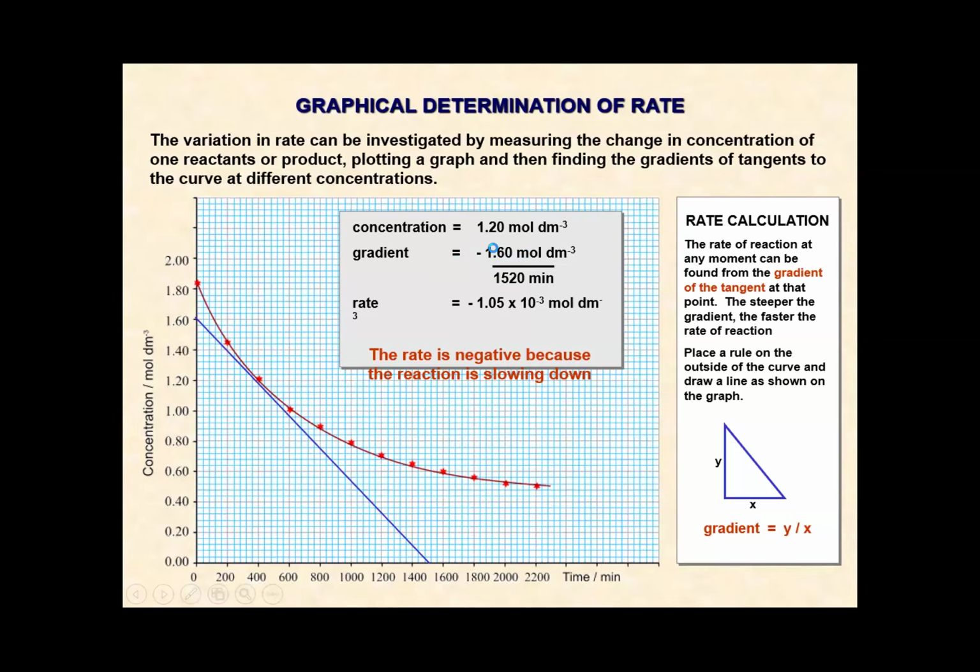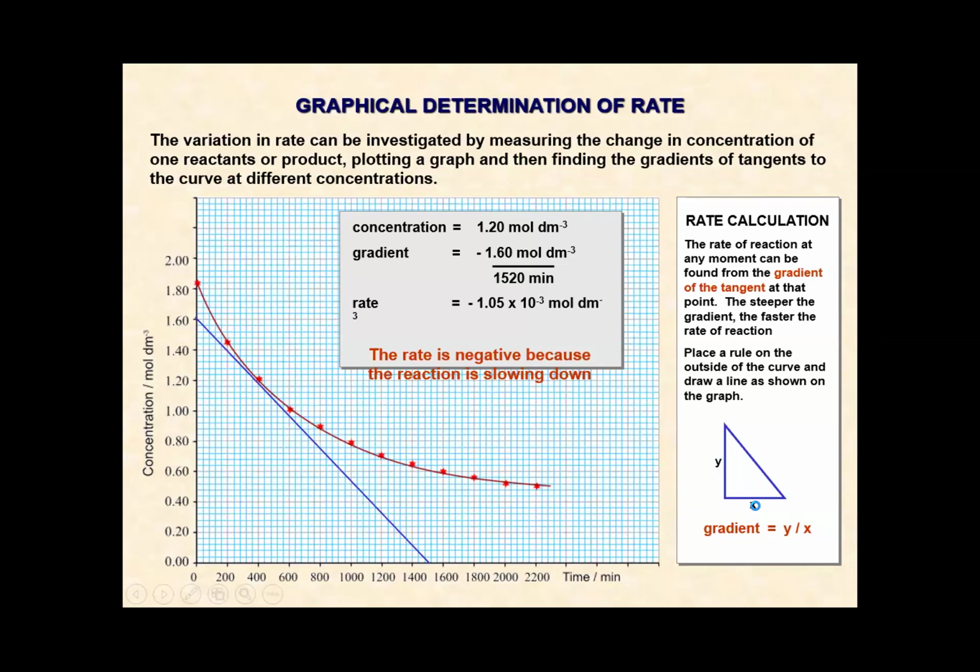Where did I take minus 1.60? From here, from the y-axis. Because the gradient is y over x. Yes, Anika, the gradient is y over x. Can you see the bottom blue triangle? Yeah, right angle triangle. Y over x. So what is taken on y? Concentration.